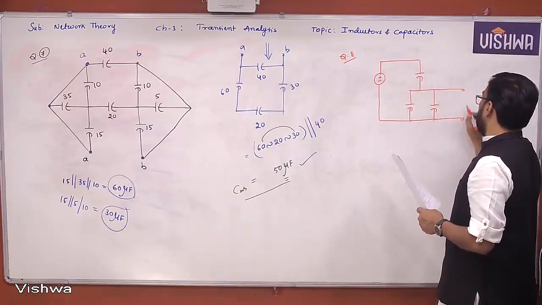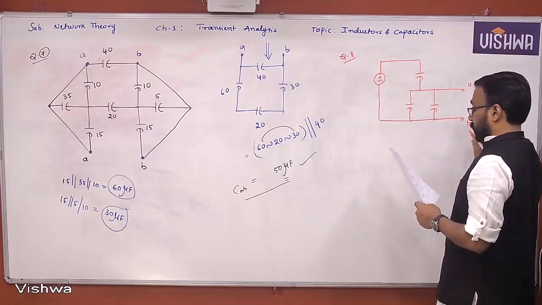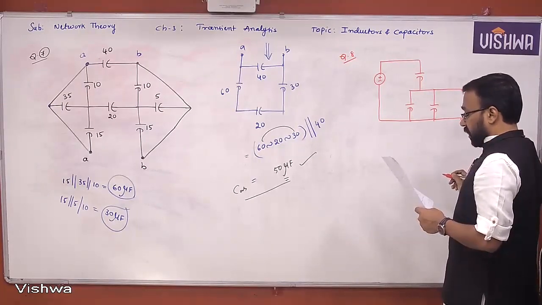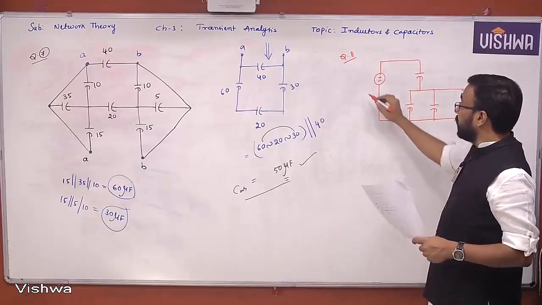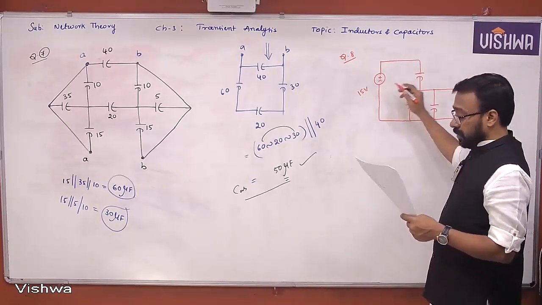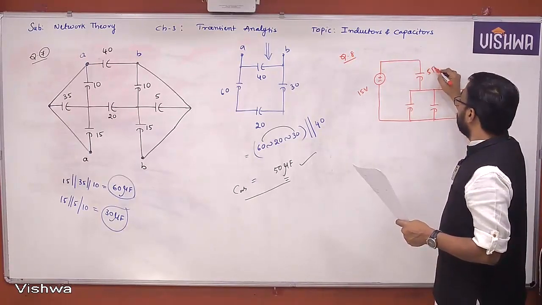Determine Thevenin's equivalent at the terminals AB of the circuit shown in the following figure. That is the question. Thevenin's equivalent is expected to determine here.